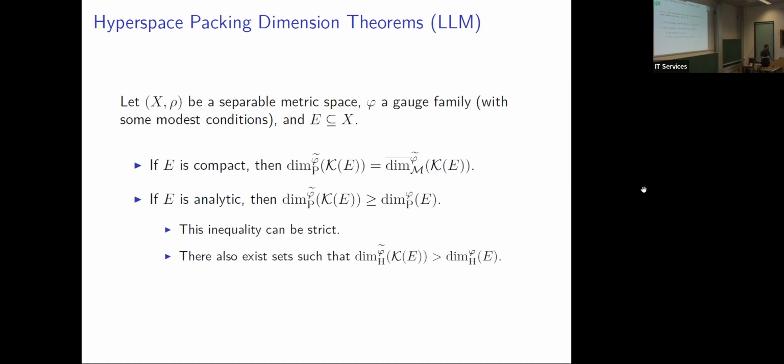And furthermore, if E is analytic, then the jump packing dimension of the hyperspace of compact sets is at least the packing dimension of the underlying set. But this inequality can be strict, and you also could have strict inequality in the case of Hausdorff dimension. So that says that even for analytic sets, McClure's theorem can't be extended completely.